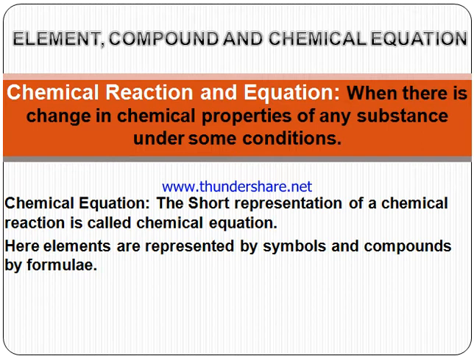Reactants are always on the left hand side and products are on the right hand side. The new substances are called products, and the substances which combine or react are known as reactants. Next is chemical equation. Chemical equation is the short representation of a chemical reaction using elements, symbols and formulae.